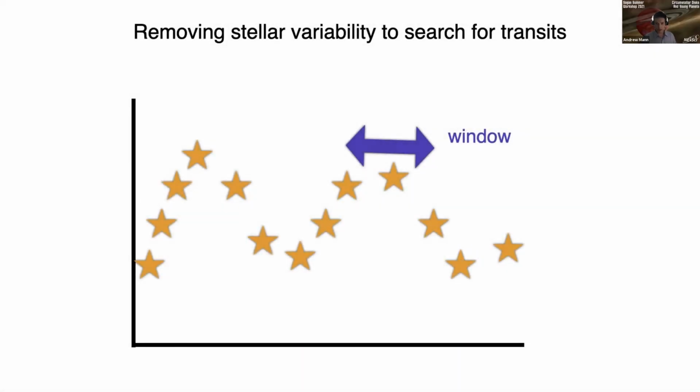You pick some window, and then you fit the light curve in that small region. It could be something as simple as a median filter or a polynomial or spline, or something more complicated. Then you repeat that process over the whole light curve, effectively building up an empirical model of the stellar variation. Simple versions of this method work extraordinarily well in a large number of cases.